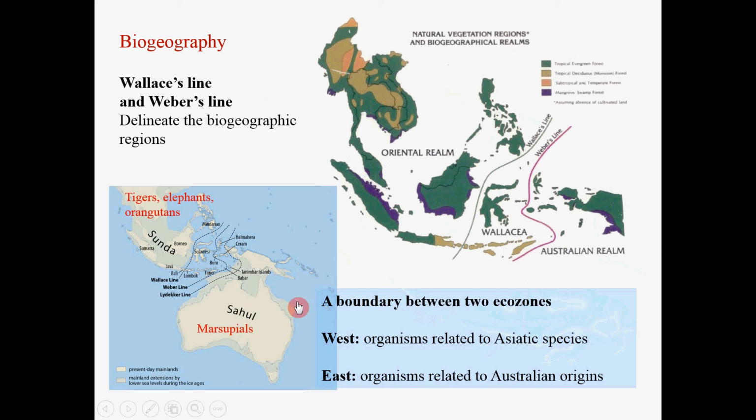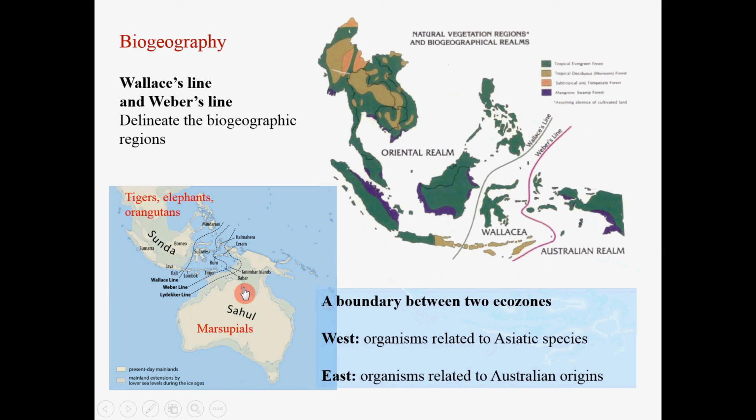This map shows that during the ice ages, the continental shelves emerge above water and connect with the rest of the land. So animal species can migrate within those regions. But between those two regions, between the so-called Sahul and Sunda, there are still deep ocean bodies.